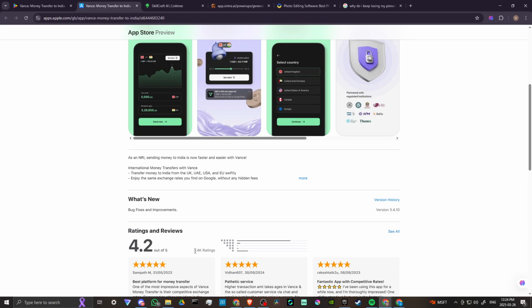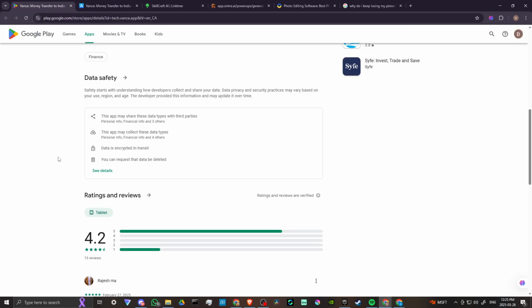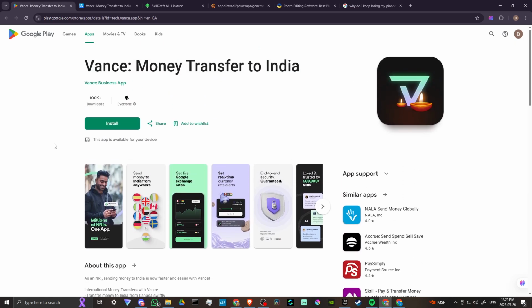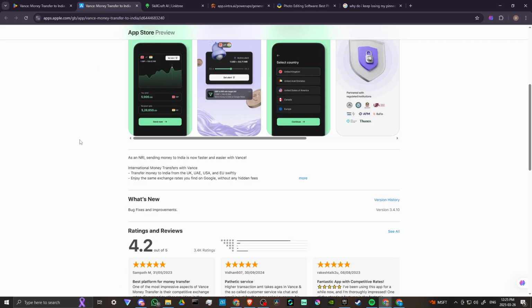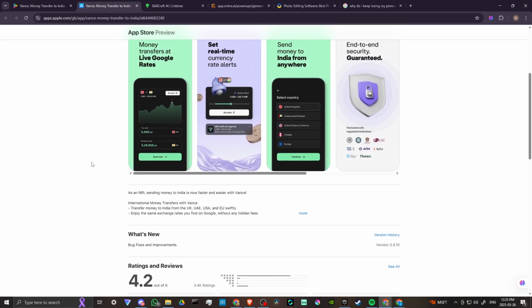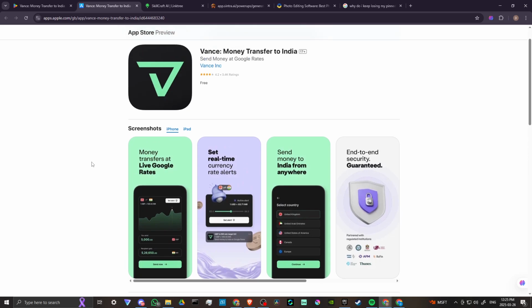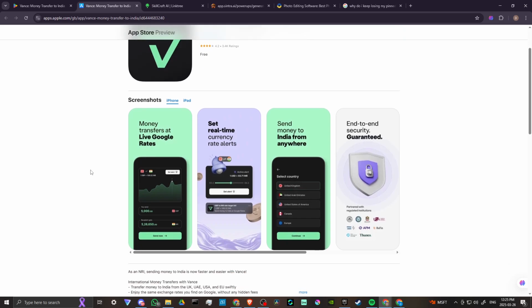They're at about 3,500 ratings compared to the Google Play Store, where there's only about 15 reviews at this time. So if I am to speculate on that, then I would say that generally speaking, you're probably going to get a better result on the iOS version. But by and large, it does seem that the reviews are relatively good.